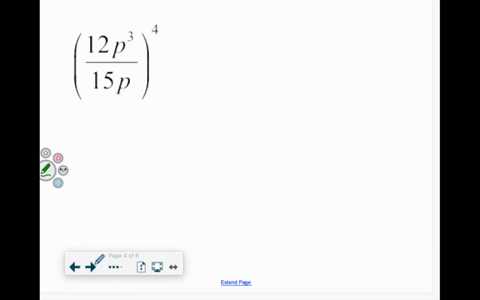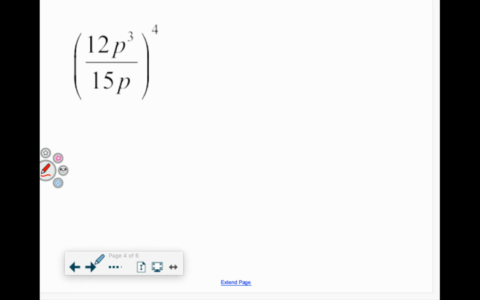For the next example, notice now we have a couple pieces here. We need to make sure not only do we distribute it to the top, but we distribute it to both pieces, and the same for the bottom. First we're going to rewrite this. One quick thing: what I think we should do here is first simplify if possible.